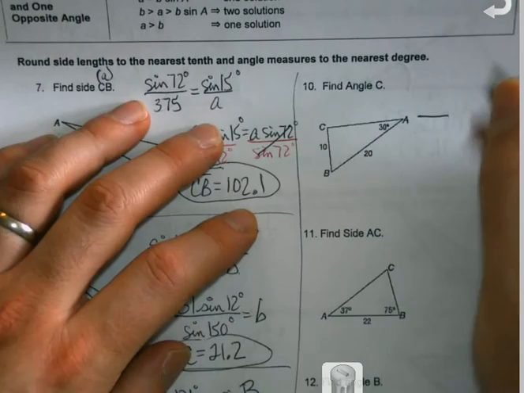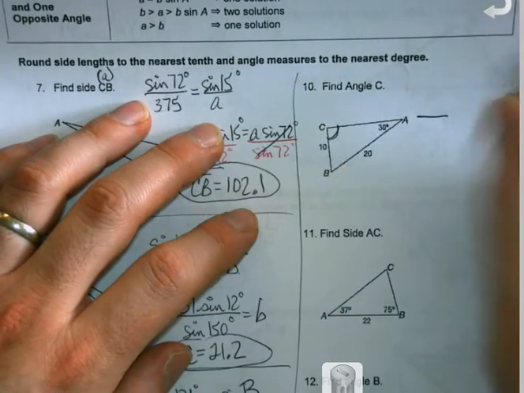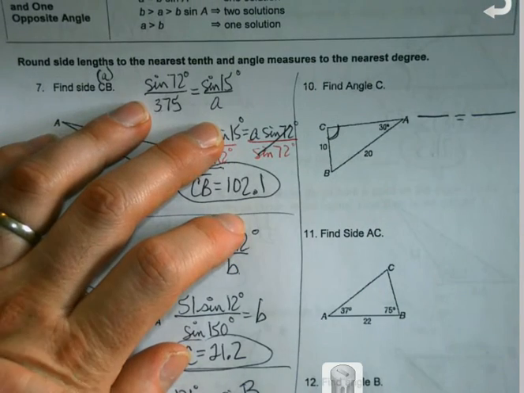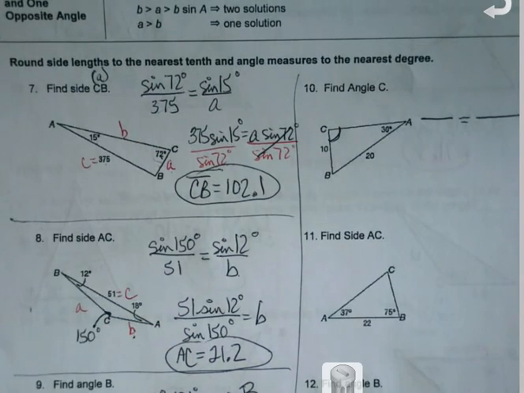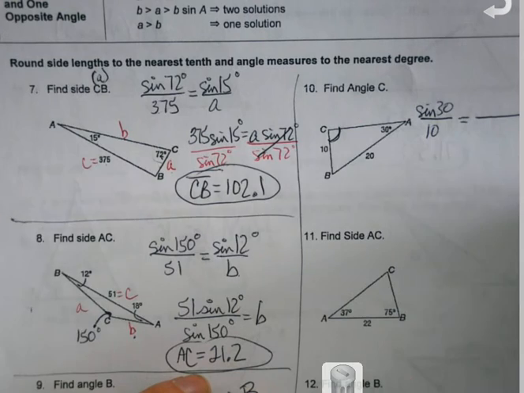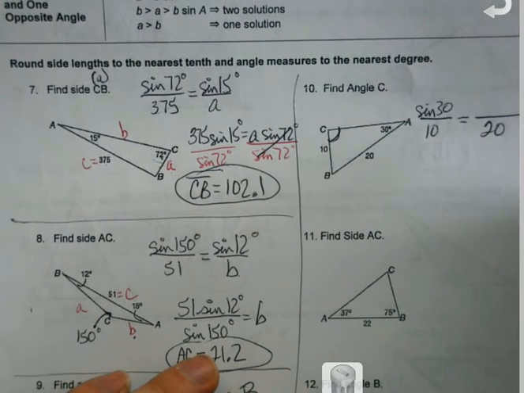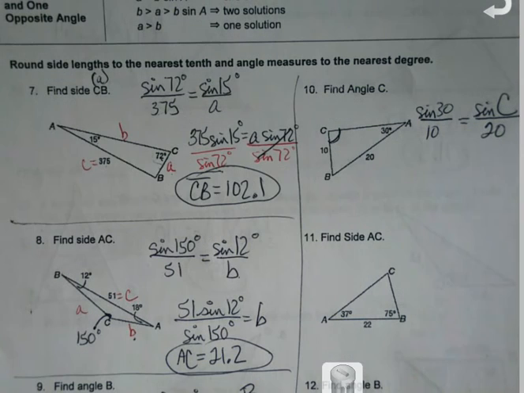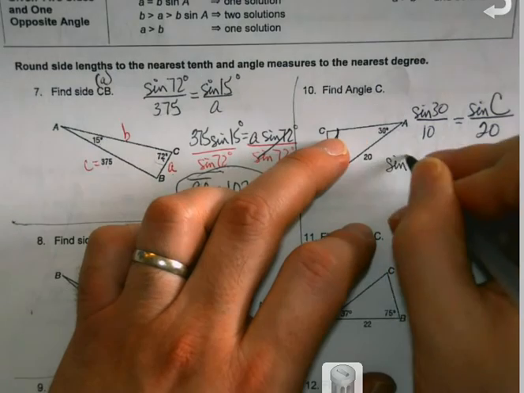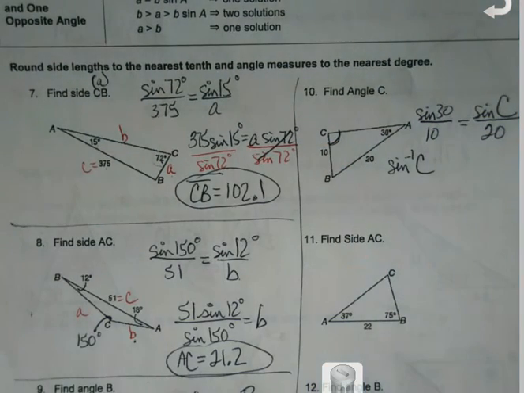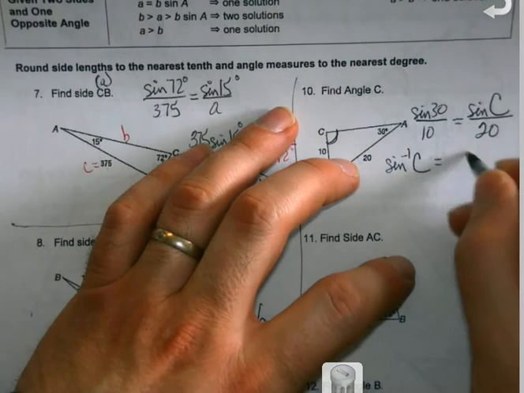First fraction to find angle C. Where is my corresponding side and angle? A. So sine of 30 over 10. I know that C is 20, but I need to know what the angle is going to be. So again, I remind myself, oh yeah, I always will put the little -1 in there just to remind myself I should see that on the calculator when I plug it in if I want to do this right.